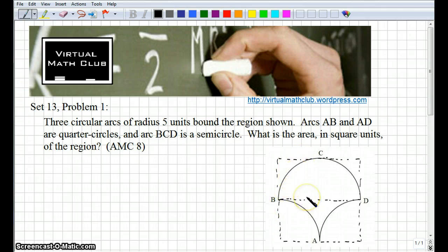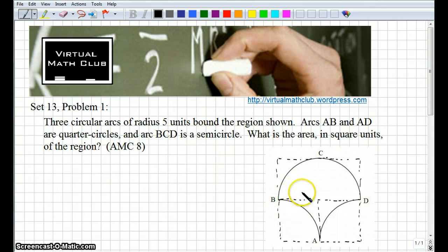Well, let's see. Now that I've got this broken down, there's a number of ways you can look at it. I'll save the easiest one for last. But you could look at it as, if I were to draw another dashed line right here, and let's label the radiuses.